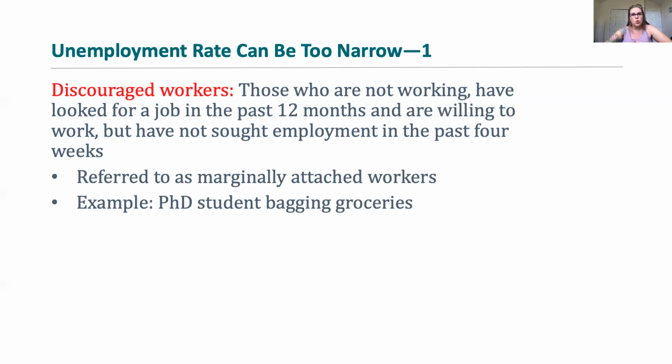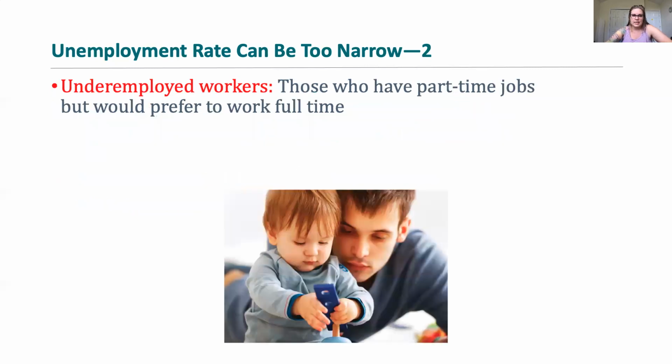So they want to work, but they can't find work that is going to be matching their skills or fulfilling to them. Or maybe they don't have enough time to take a full-time job. So instead they work bagging groceries. Now, this person is a marginally attached worker. They want to be working more hours, but they've either given up trying to do that at the time being or given up completely depending on the economic circumstances.